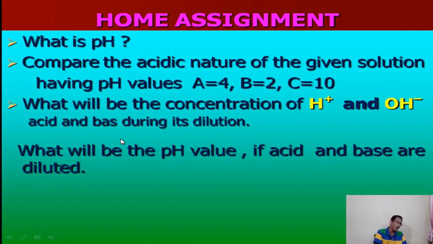It is the opposite: for an acidic solution, when diluted, the pH value increases; for a basic solution, when diluted, the pH value decreases. But during dilution, both H plus ion concentration and OH minus ion concentration decrease. So this is a very important qualitative analysis of the pH scale.